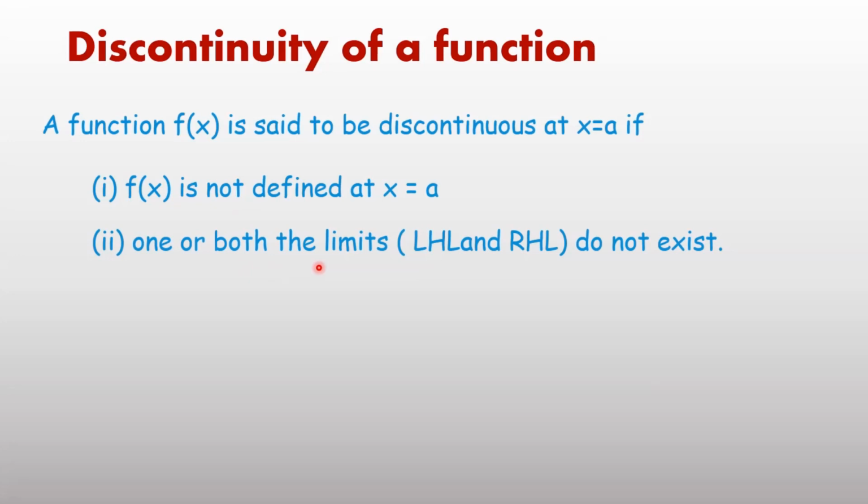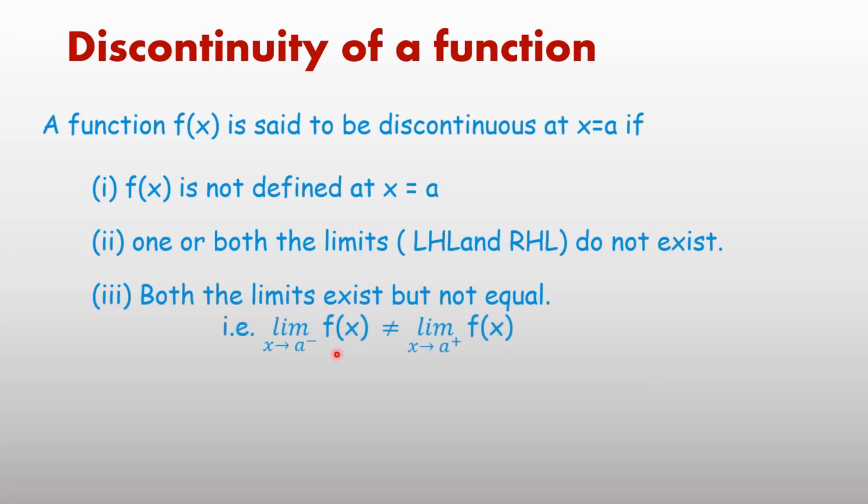Second, if both the limits do not exist, or any one, meaning LHL does not exist, RHL does not exist, or both do not exist, then you can say the function is discontinuous. Third situation, if both limits exist but are not equal, then also you can say the function is discontinuous, meaning left hand limit is not equal to right hand limit.